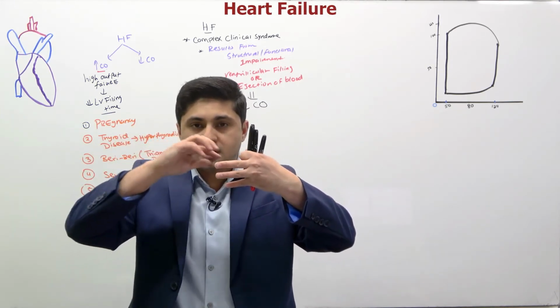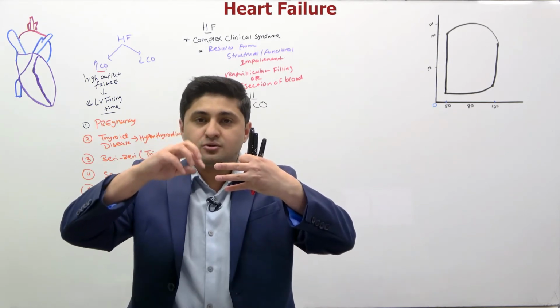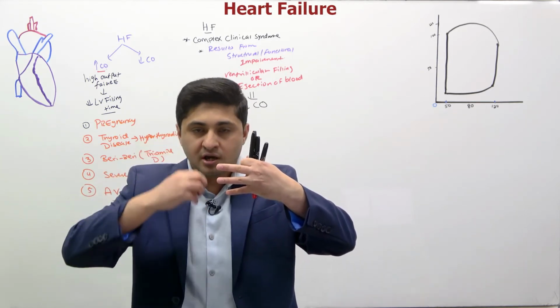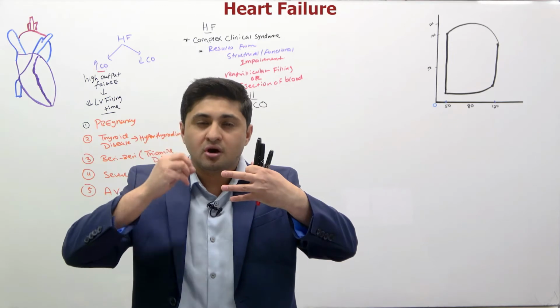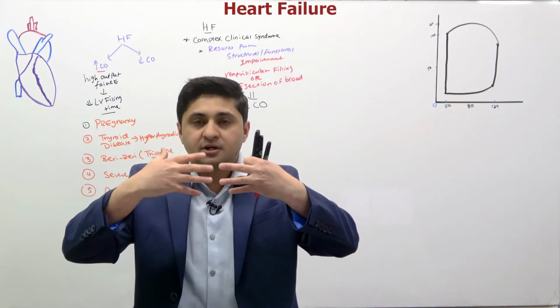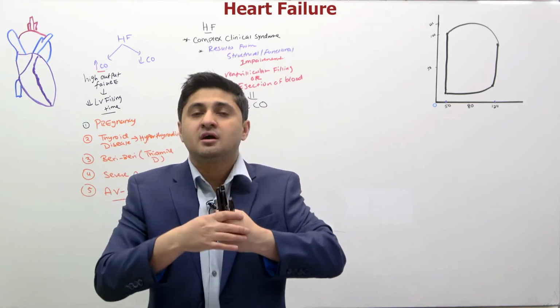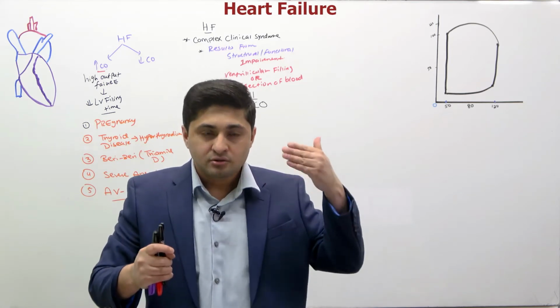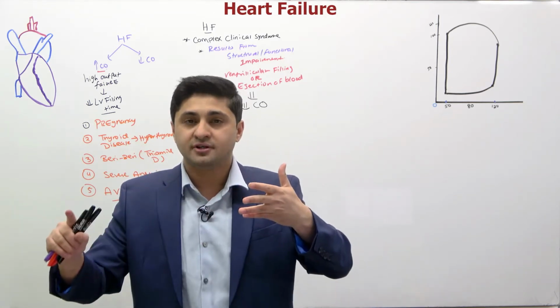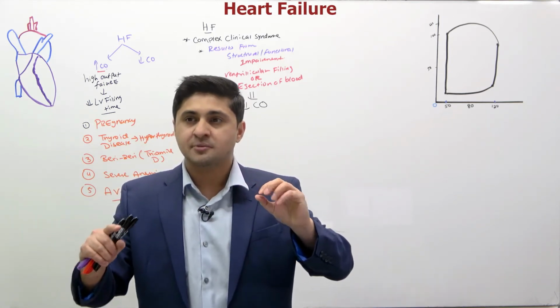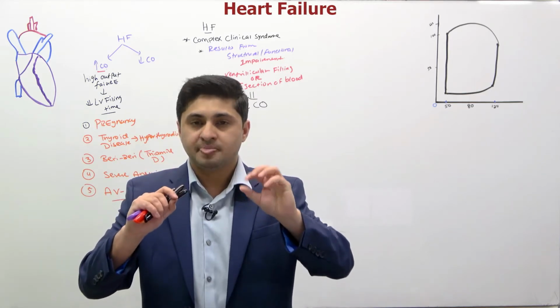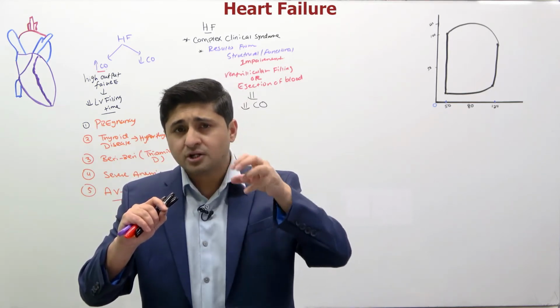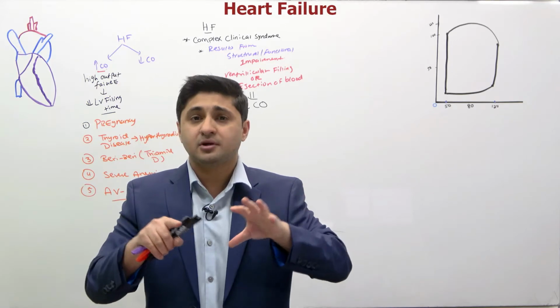Usually blood goes from the arteries to the smaller arteries and then to the capillaries, and from the capillaries all the nutrients and oxygen diffuse to the tissue. But if an AV fistula is there, there's a shunting from artery to vein. The blood literally shunts from the artery to the vein very quickly, so it doesn't have enough time to diffuse from the capillaries to the tissue.